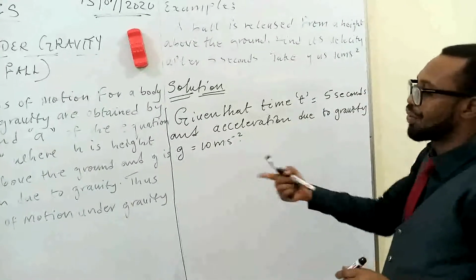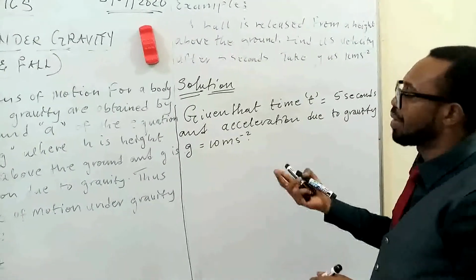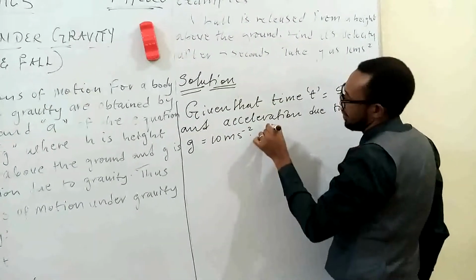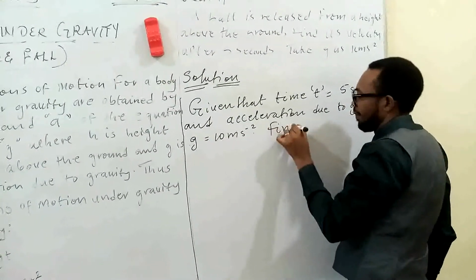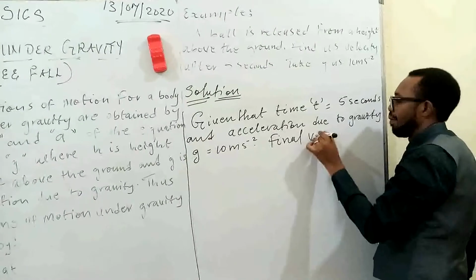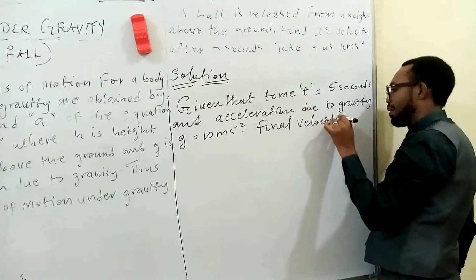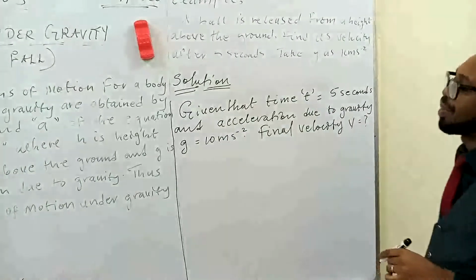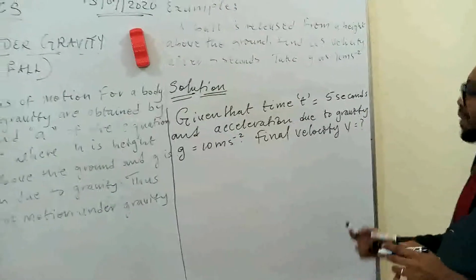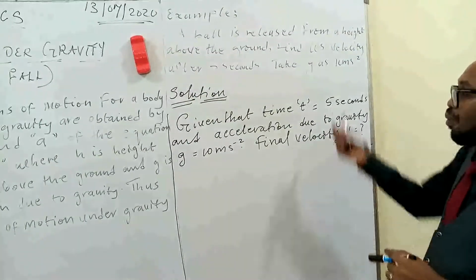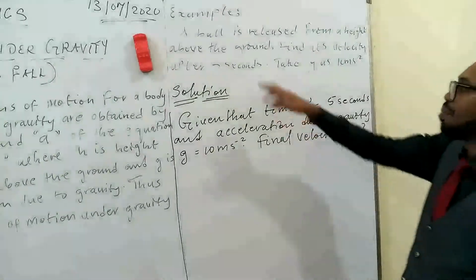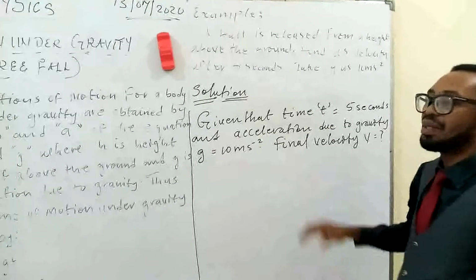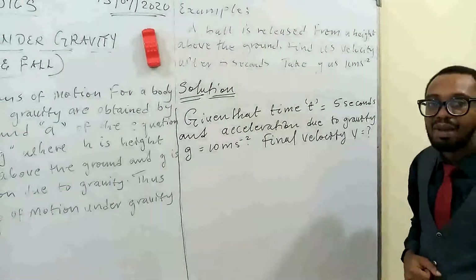So what equation are we supposed to apply? We are looking for V, which is the final velocity. Final velocity V is not given, so we'll put a question mark there. Whereas initial velocity, if you look at the question, a ball is released from a height above the ground, means it's without initial velocity.